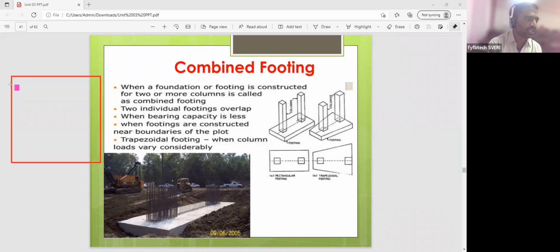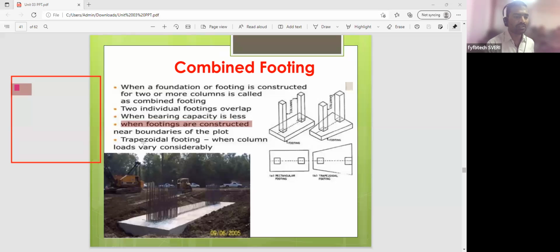In that case you have to construct your footing only up to your border. You cannot go beyond your border. In that case which type of foundation you have to use? Combined footing only. This point you have to remember: whenever there is a boundary, at that time we have to use combined footing, because adjacent is the neighbor's plot. So this point is important.